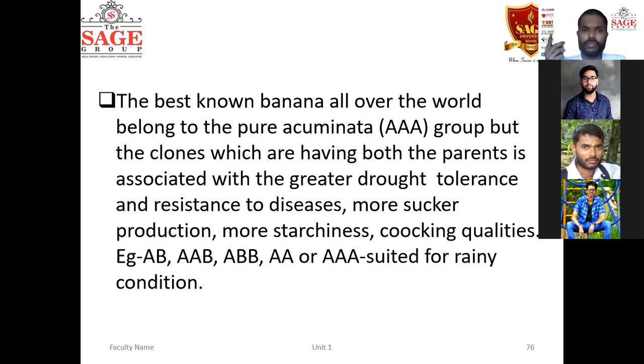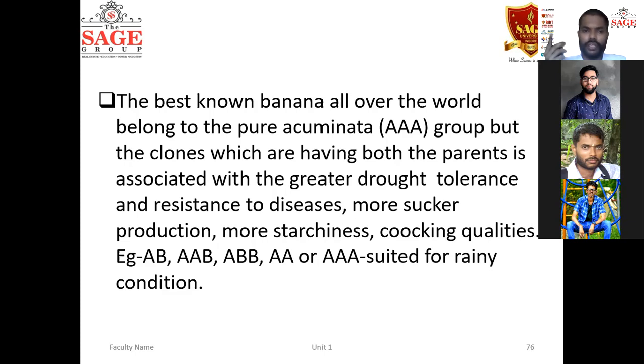When this Balbisiana comes, it will show greater drought resistance, resistance to diseases, more sucker production, more starchiness, as well as cooking qualities also. So these are characters which come from the Balbisiana group.